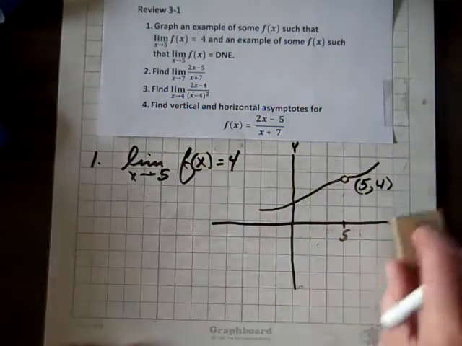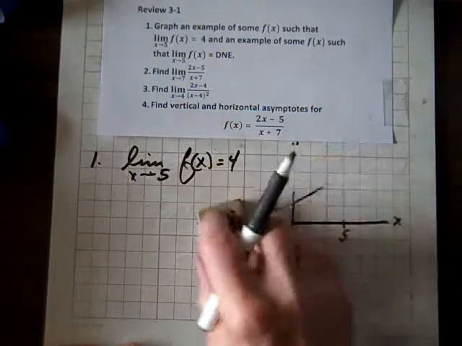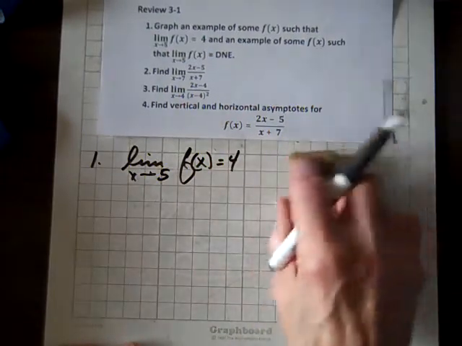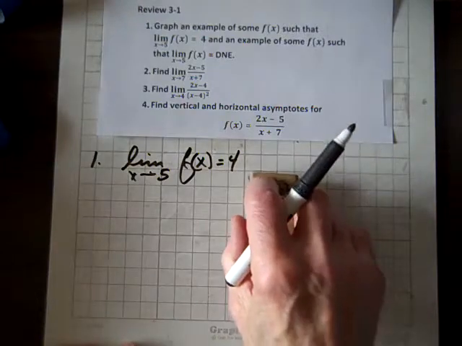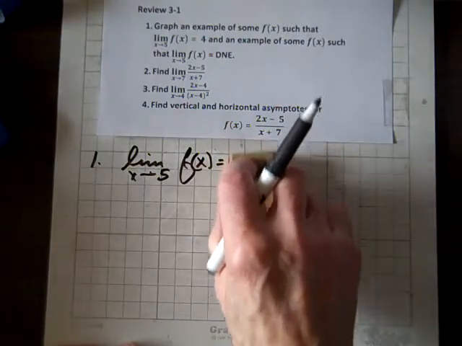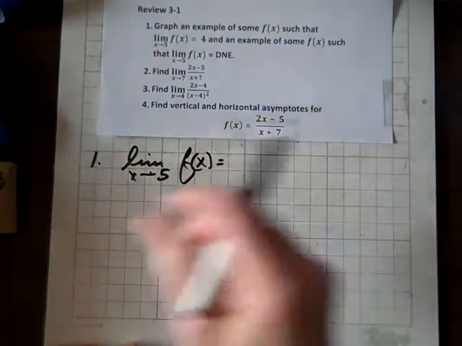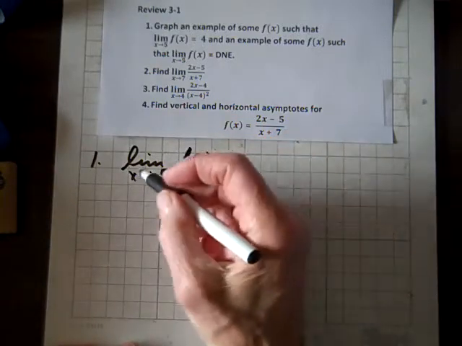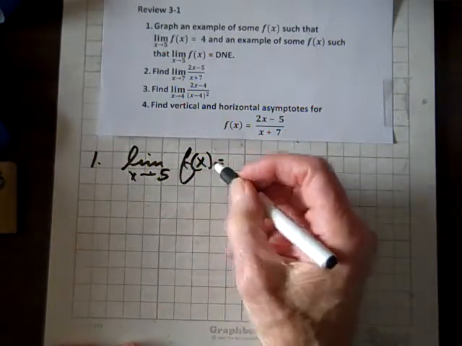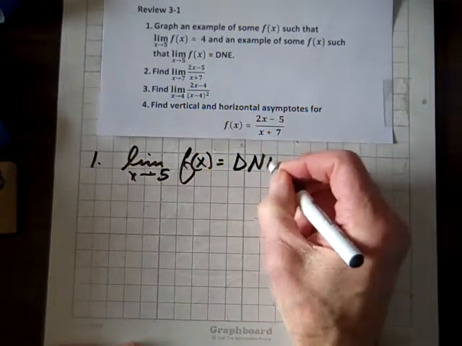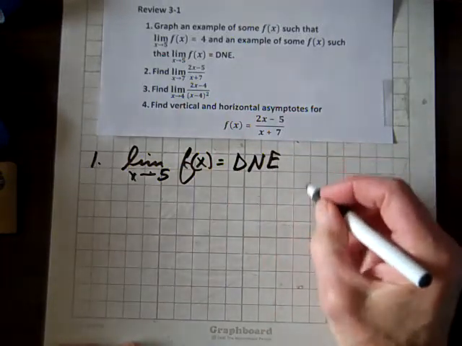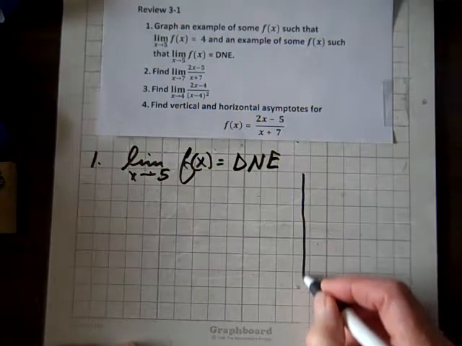Now, the final part of this question 1 is to graph a function such that the limit as x goes to 5 of f of x does not exist. Well, let's do that.